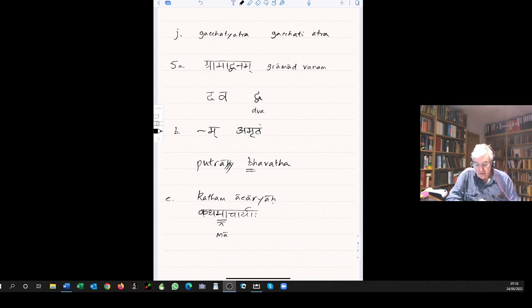So the sandhi to be applied here is simply that the final M becomes anusvara, that's with a dot before a following consonant, and the bhavati iti, of course, becomes bhavatiti.